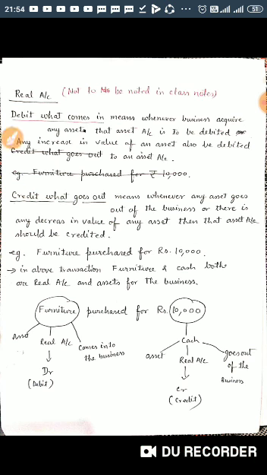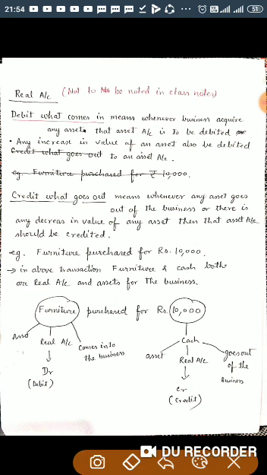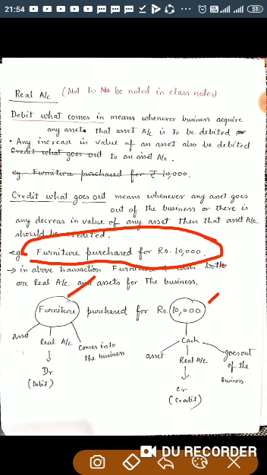For example, I have taken one example: furniture purchased for rupees 10,000. This is a transaction. In this transaction, two accounts, two aspects, are involved, furniture and cash.